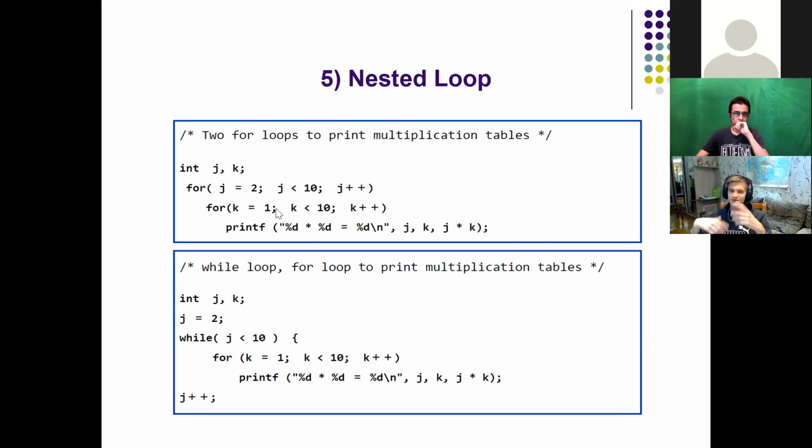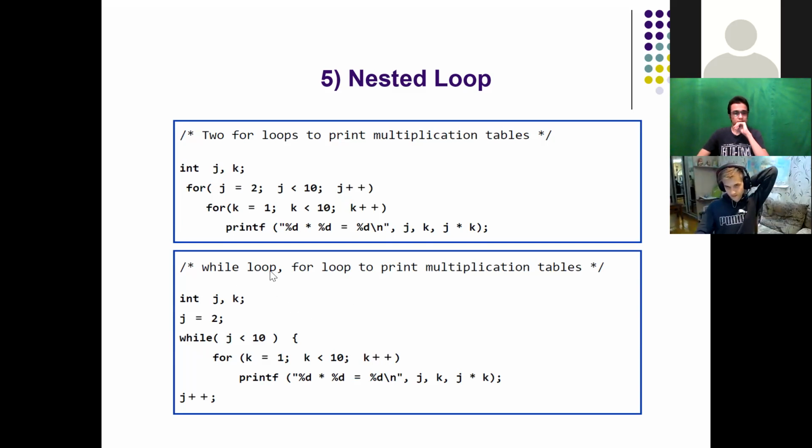It won't exit until the second for loop is done. Okay, I get it now. So it will keep on remaining 2, 2, 2, 2, 2. Yes, that's right. Because our loop is inside of the j loop, it will obey j. Okay, got it. Thank you.